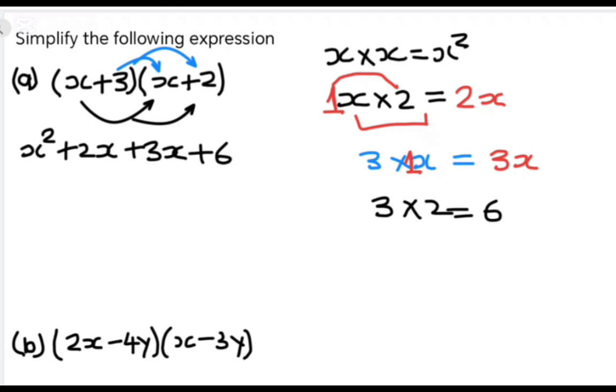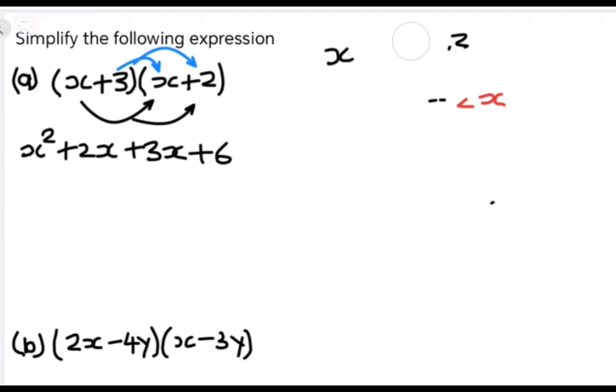But what makes this one special is that there are what we call like terms here. There are terms that are the same. If you pay close attention, there is a term 2x and also 3x. These are the like terms, so what we need to do is add them. How do you add them?